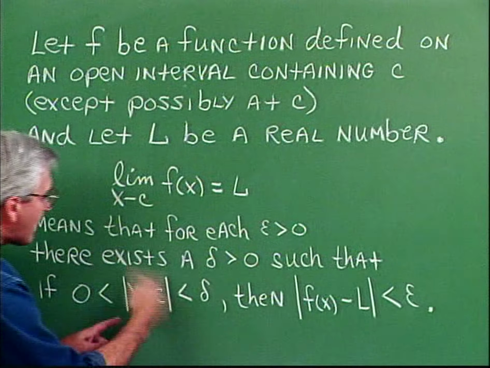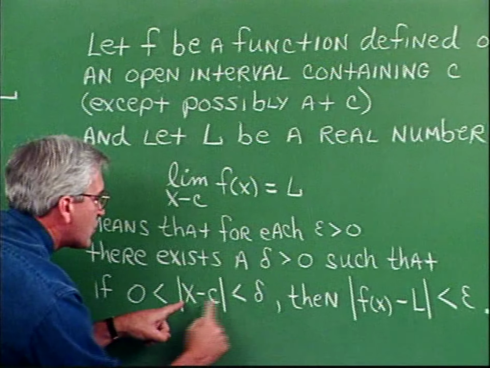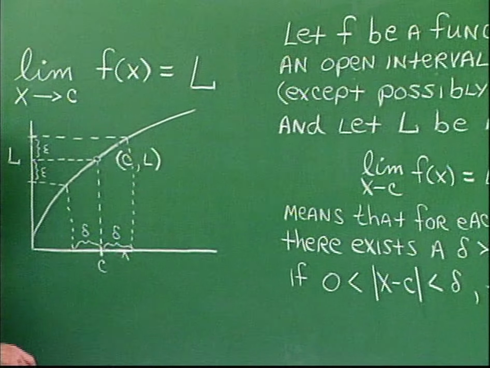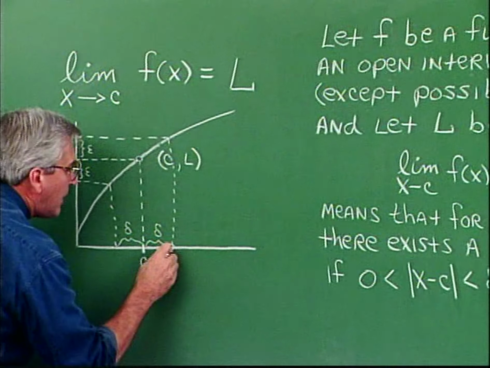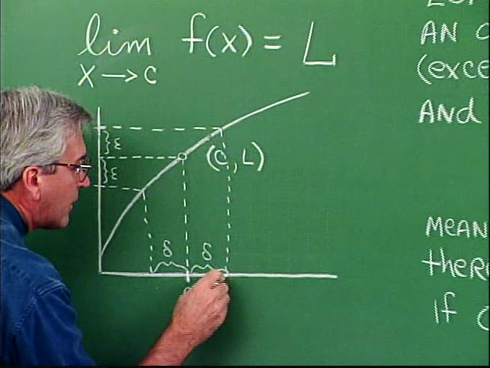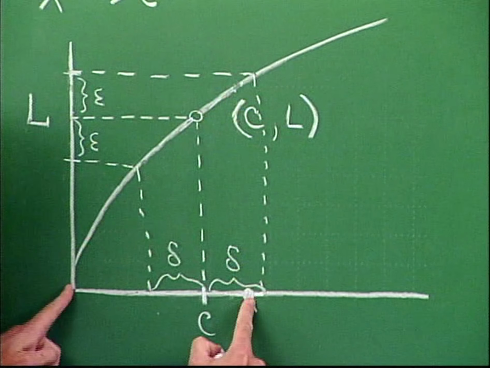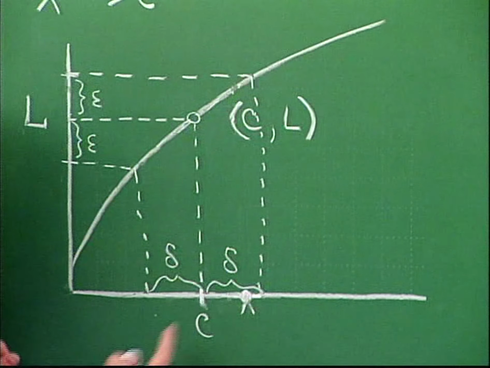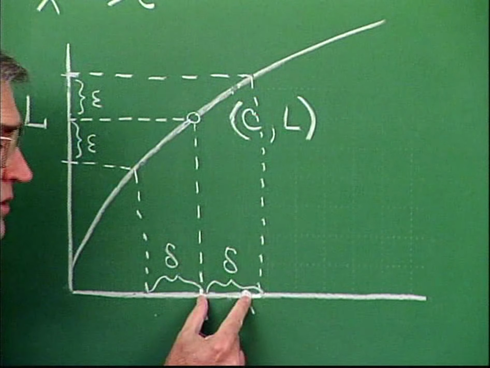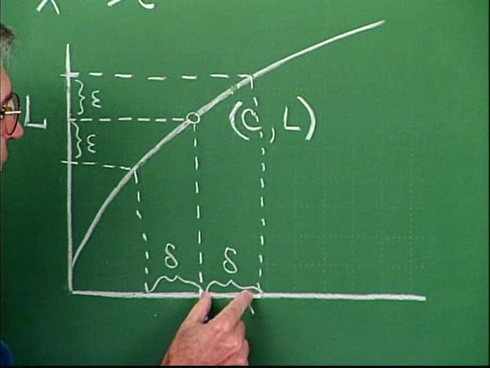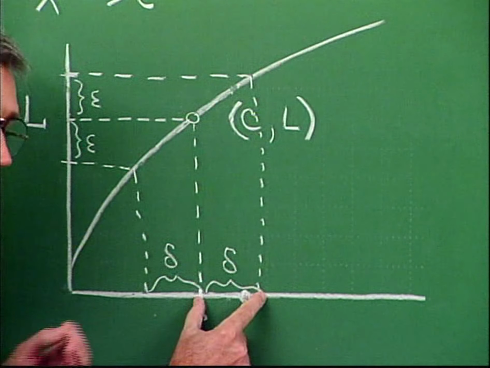Now, come back over here. Let's look at this situation in terms of falling within the delta distance. Suppose that our x is here. Then this distance, x minus C, will give us this difference in their distances, and that difference falls within the delta amount.